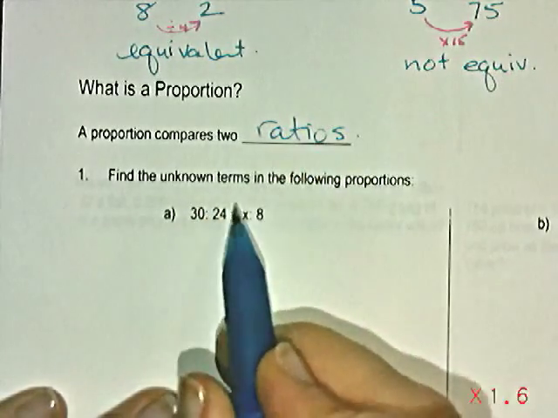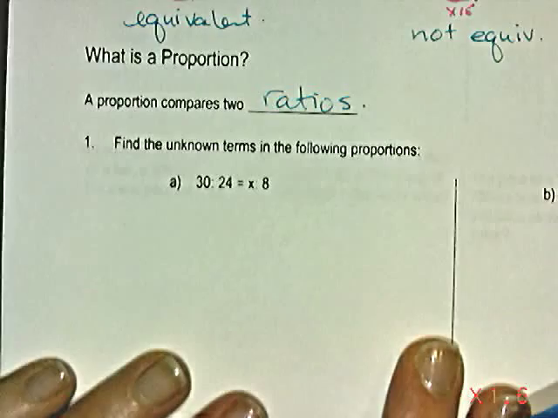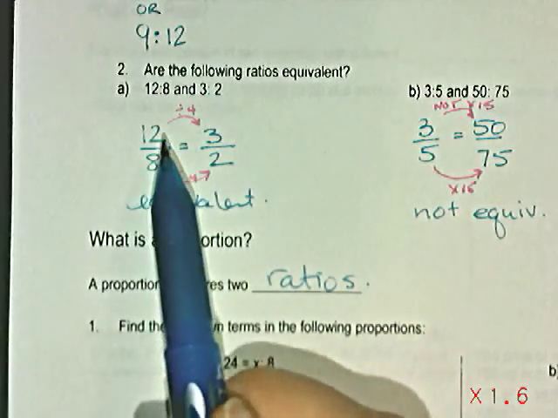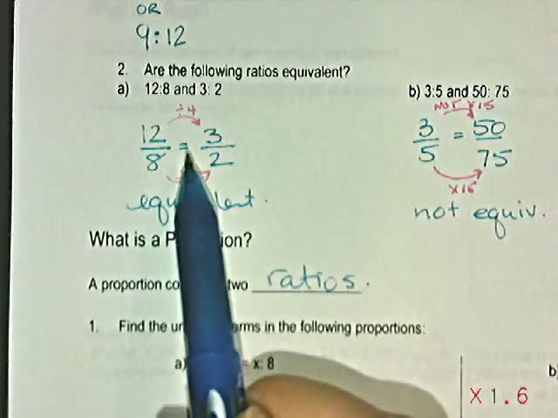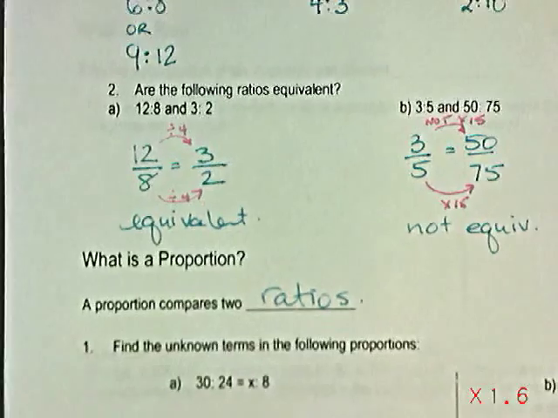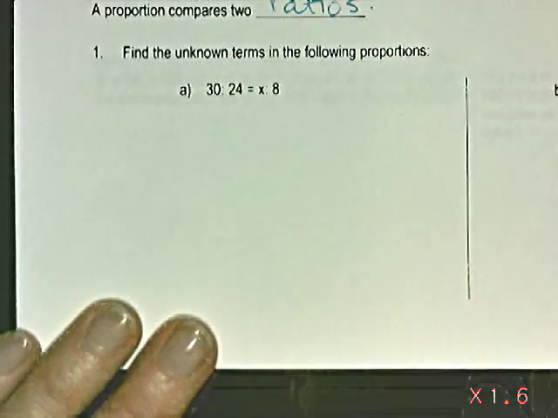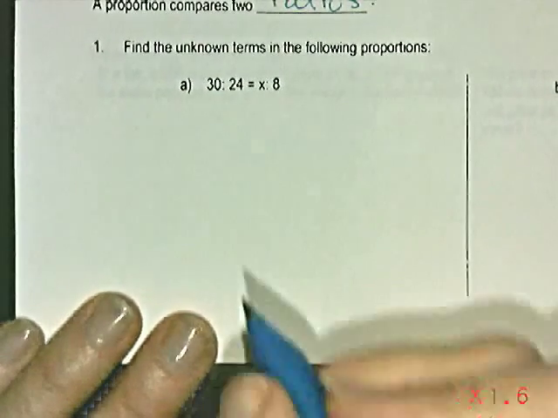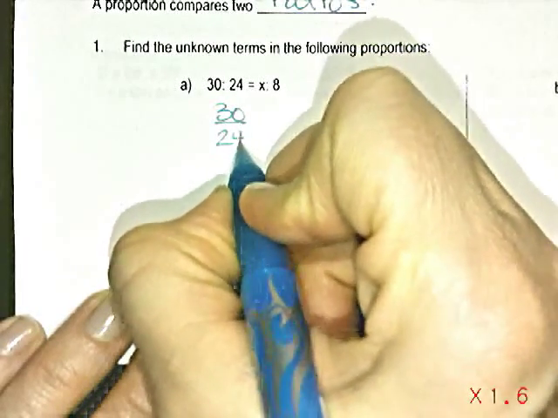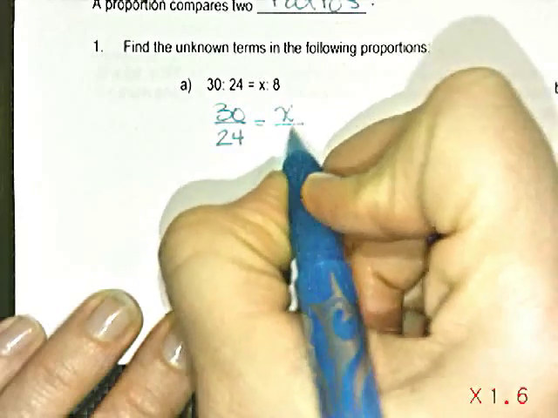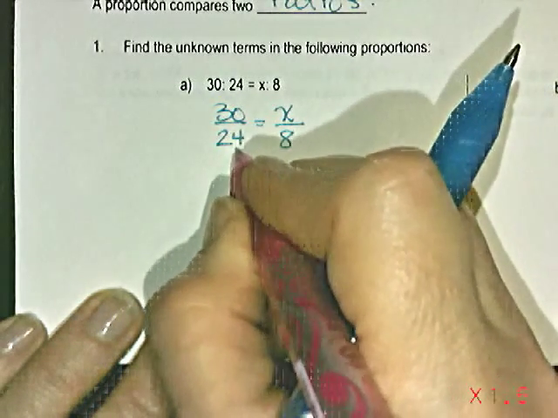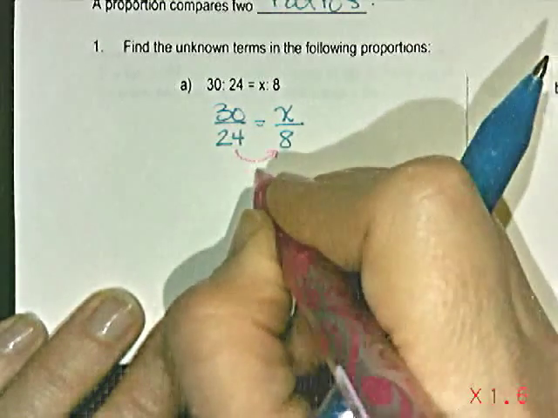This would be a proportion, finding an unknown term in the following proportion. We've actually created a proportion here, that 12/8 is the very same thing as 3 halves. And so with this one, we want to find the unknown number. So if we turn these into fractions, we can ask ourselves, well, how did I get from that 24 to the 8?